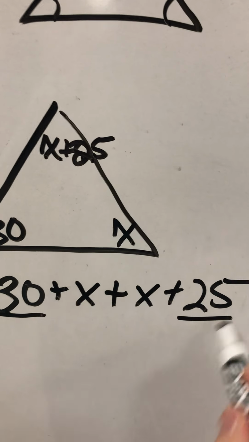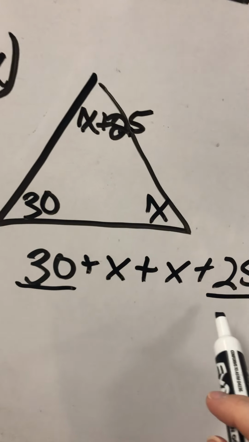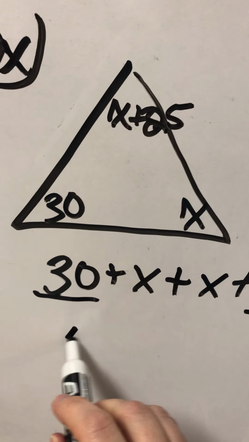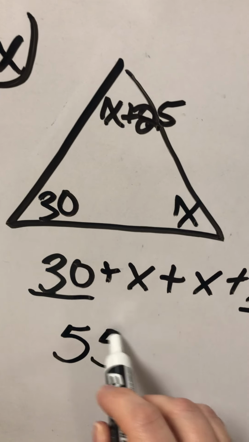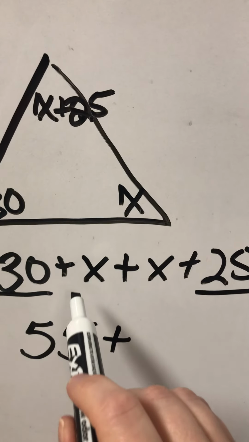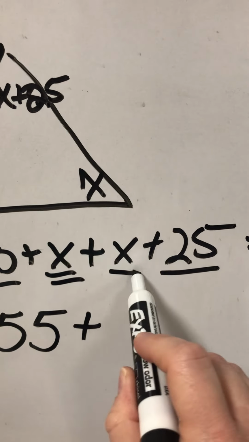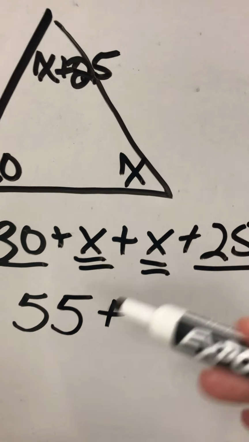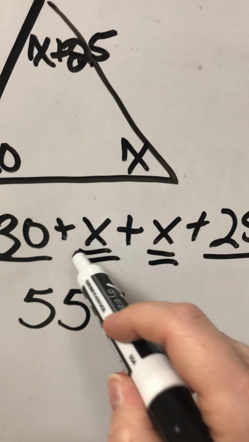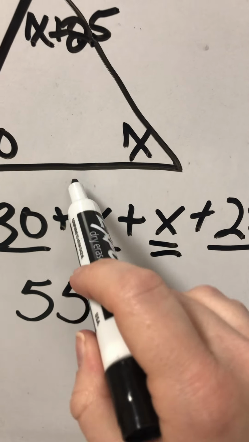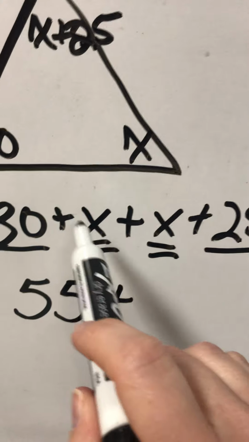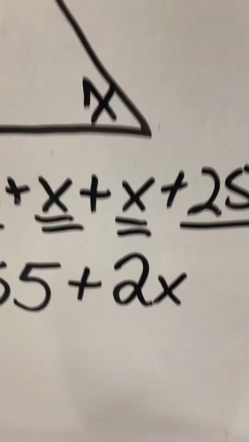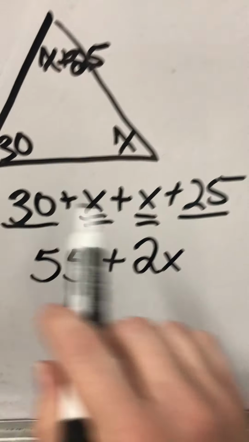This and this, 30 plus 25 is 55. And you're also going to combine here's a like term and here's a like term. Remember that if x is alone, pretend there's an invisible 1 in front of each of these. This is 1x and this is 1x. So 1x plus 1x gives us 2x. There's 2 x's there. So now I've combined like terms.